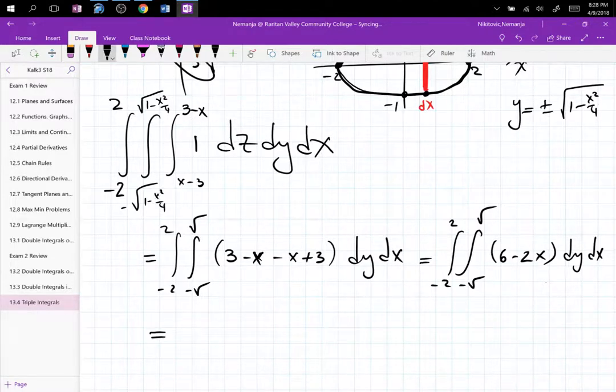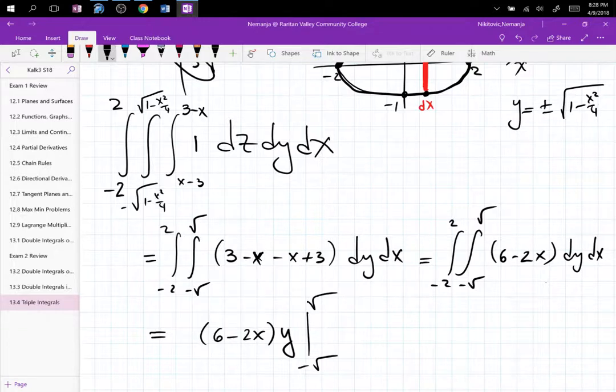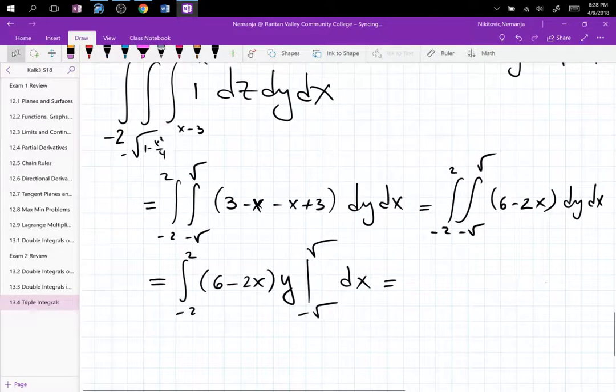Now when I integrate in terms of y, these guys just get the y. So I'm going to keep 6 minus 2x as a constant and just put 1y to all of those. I have a negative square root on the bottom, positive square root on the top, and still the integral negative 2 to 2 and dx over here. So now the square root minus the negative square root is 2 square roots instead of y.